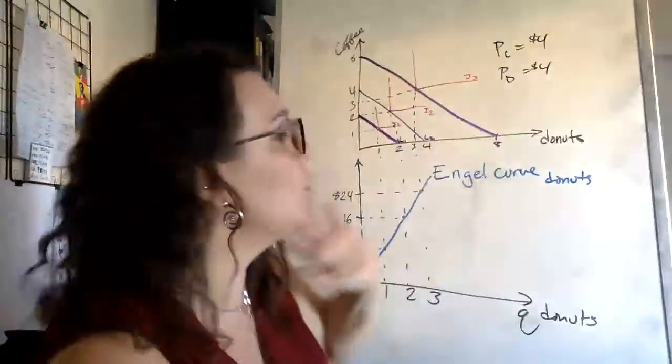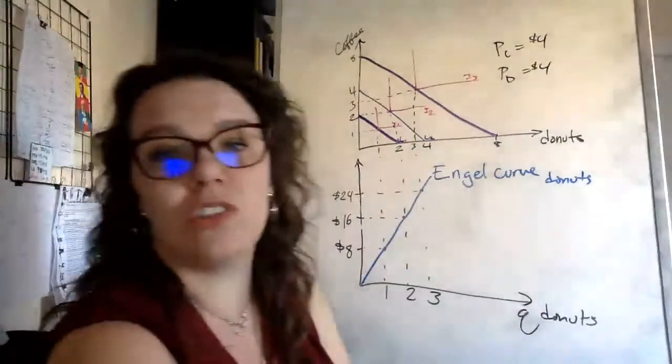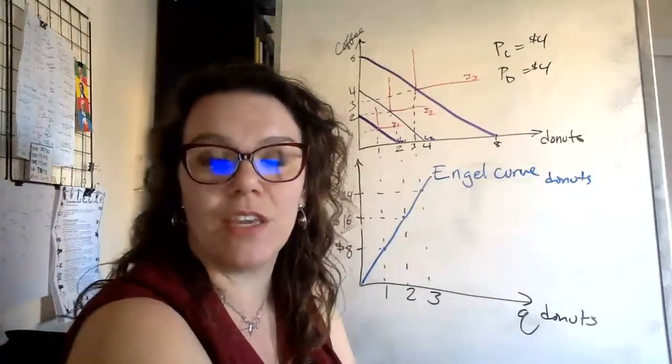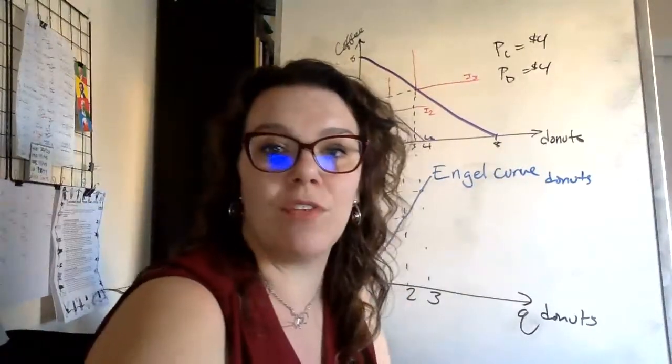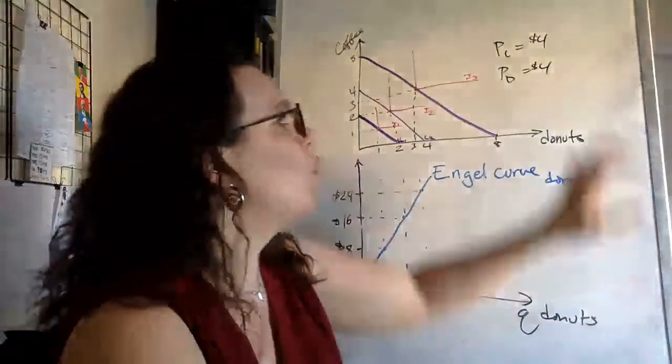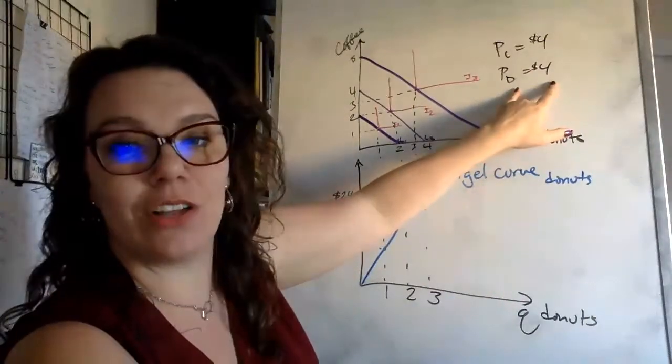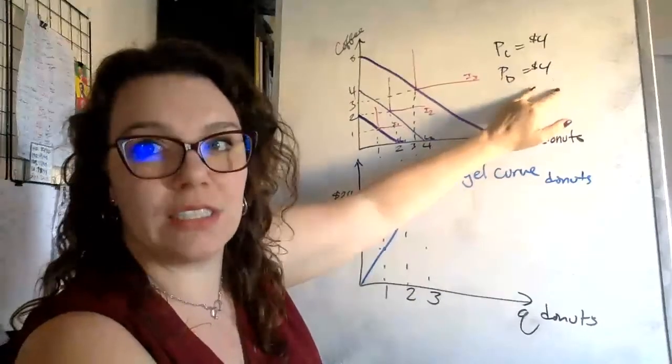And so we still would only have Hugo consuming 3 donuts and 3 cups of coffee. He wouldn't choose to consume 1 donut without also getting to consume a cup of coffee. So if we want to raise his income, we have to raise it by at least $8. And then we can increase his consumption.